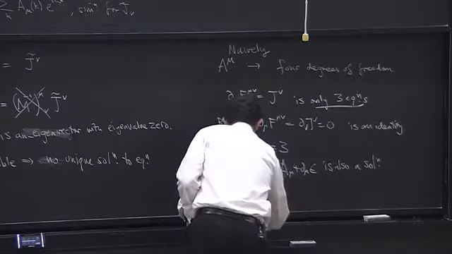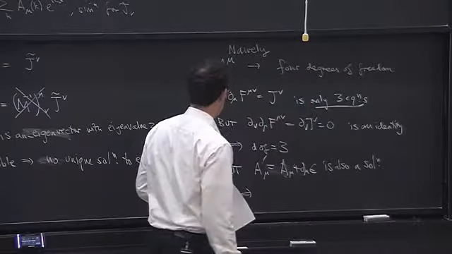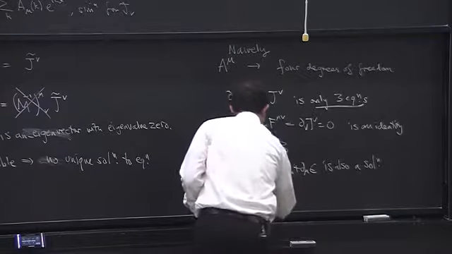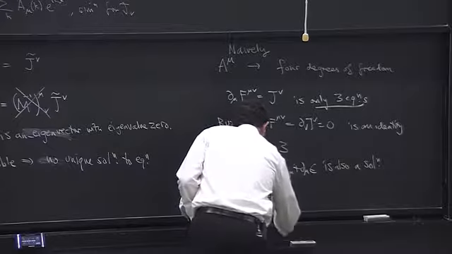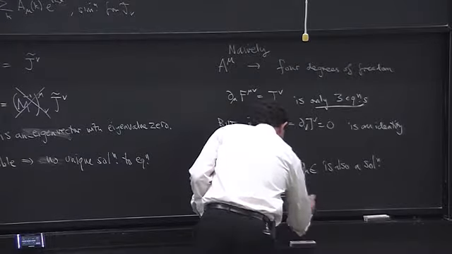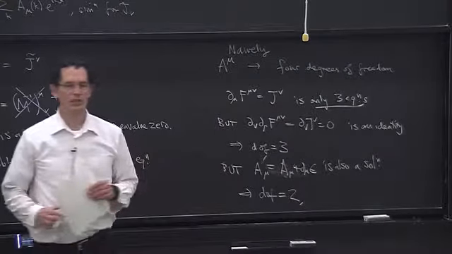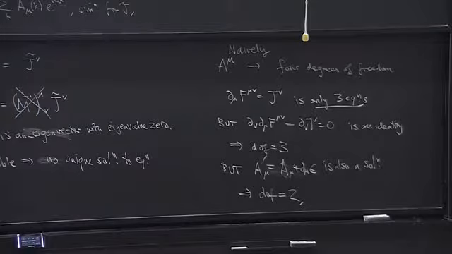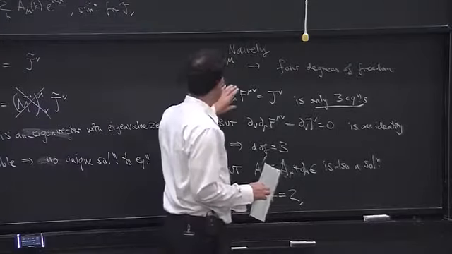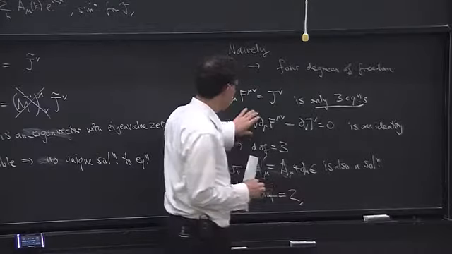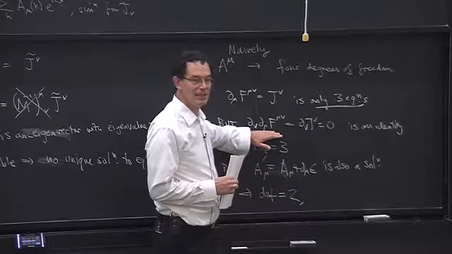And so this tells me that I can reduce the degrees of freedom by 1 more. DOF goes down to 2. Okay, so when you have a gauge theory, you actually lose 2 degrees of freedom. You lose 1 because of this identity.